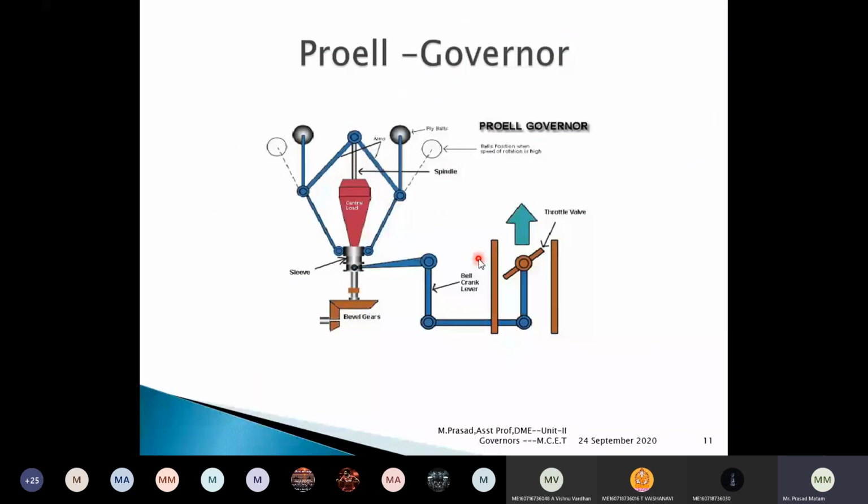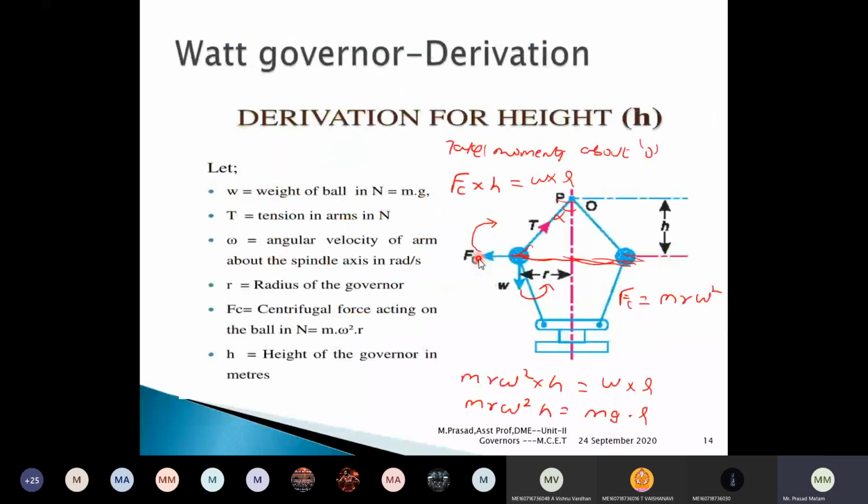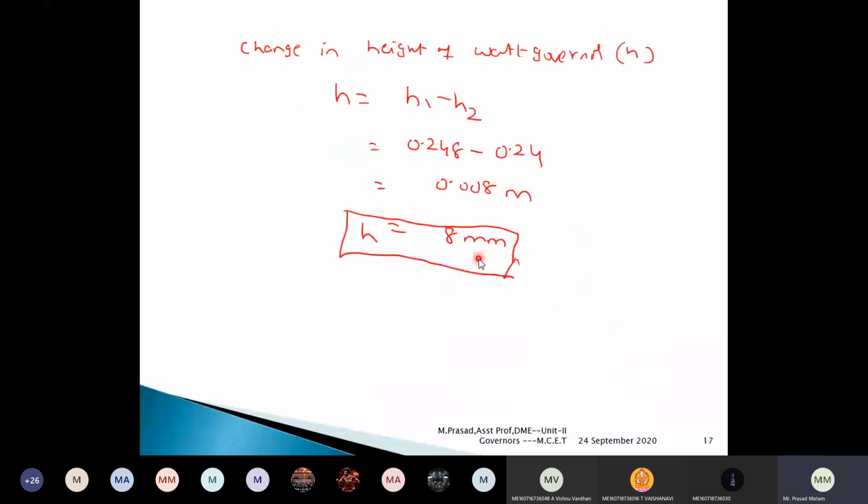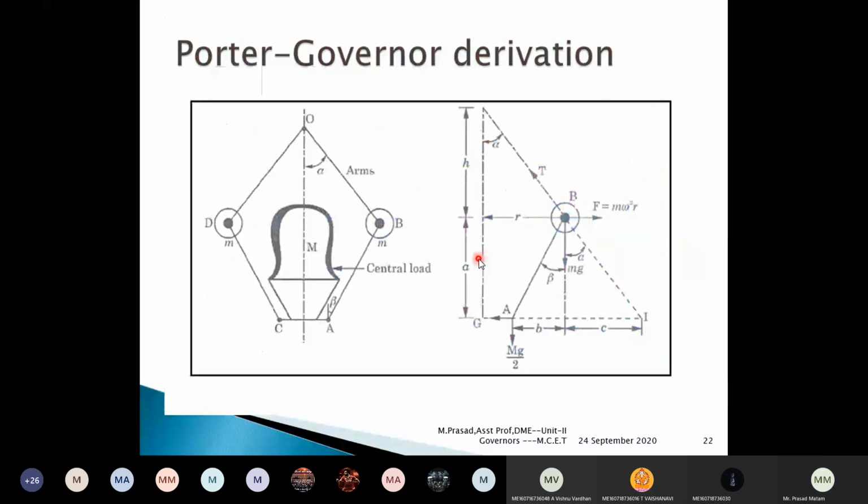See the Porter governor here. You have O, B, A, C, and D. OD, CD, AB, and OB are the four arms you can see.